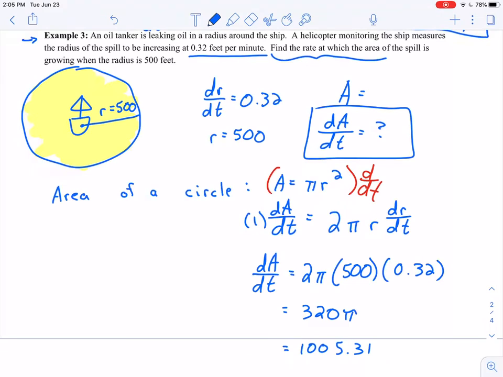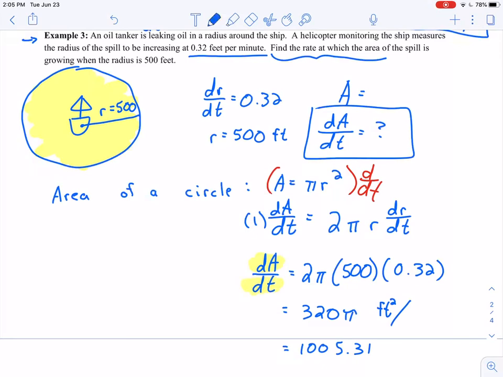Remember, we were looking for the derivative of area. So what are our units of area? Our unit for the radius was 500 feet. But we don't use feet to describe area. We instead use square feet. So I'm going to say 320 pi feet squared per, what is my unit of time now?